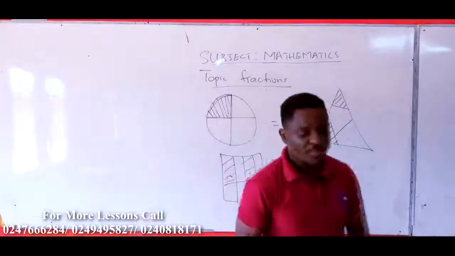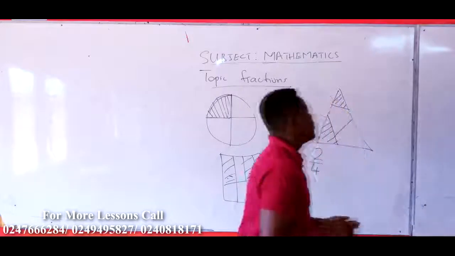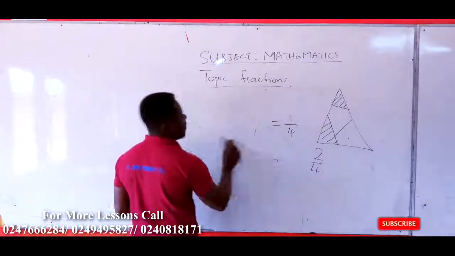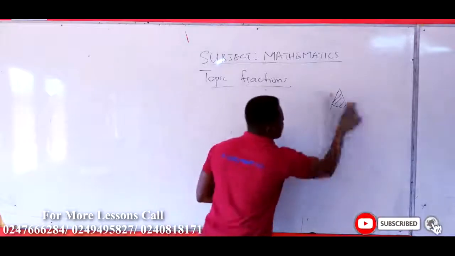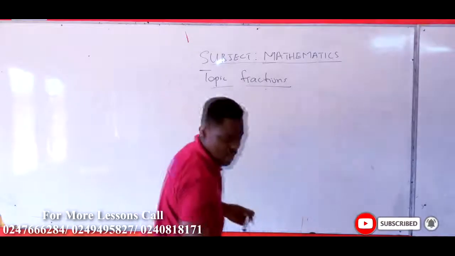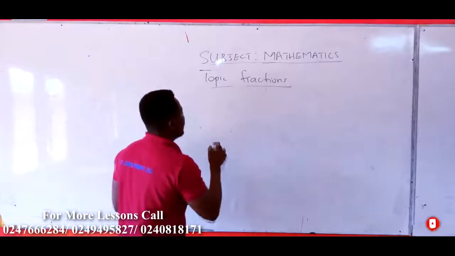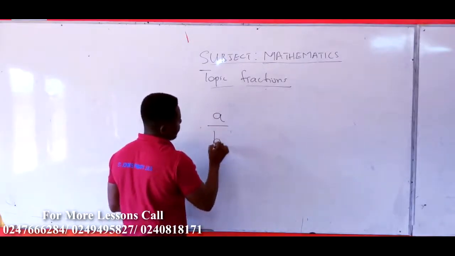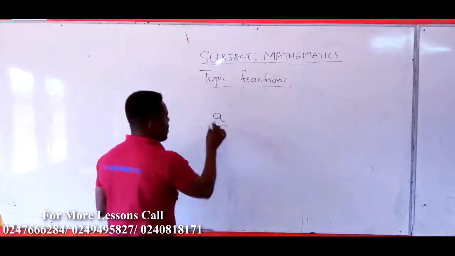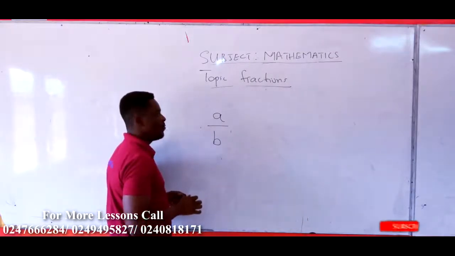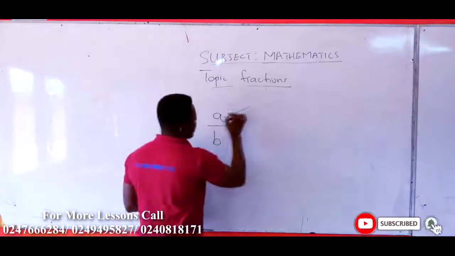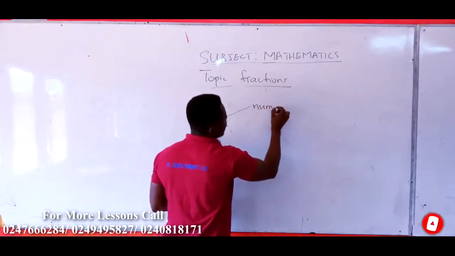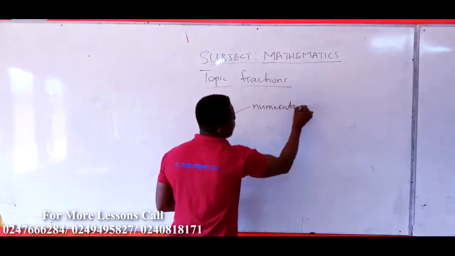Before I proceed, I would like you to look at the parts of a fraction. A fraction has its own parts. See, this is A over B, or A out of B. The first part of a fraction is termed the numerator.